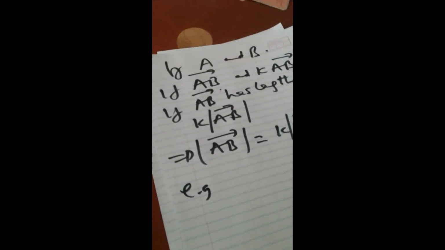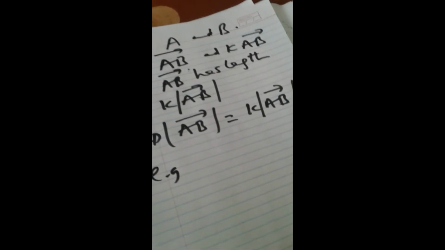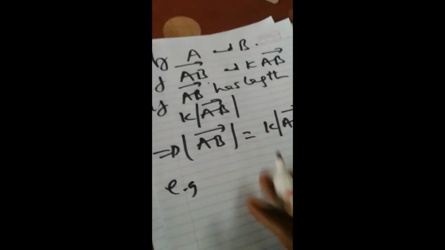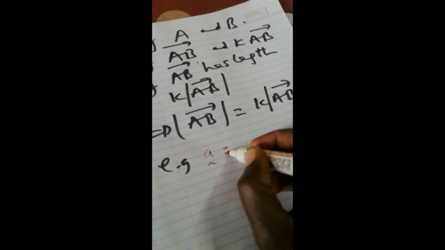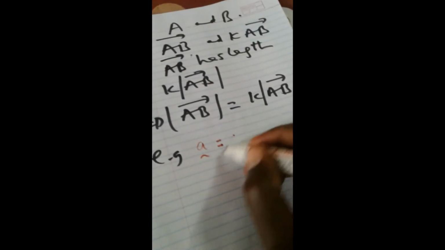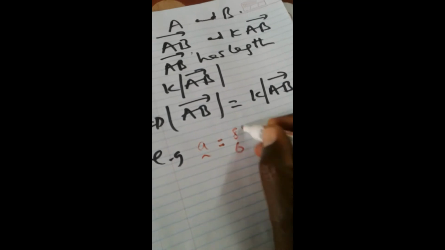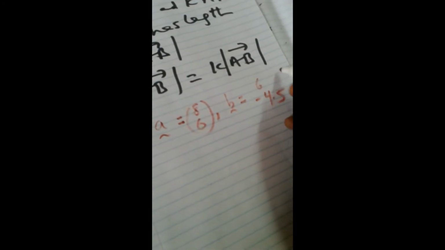For example, we can have points A given as a vector (8, 6), B as (6, negative 4.5).